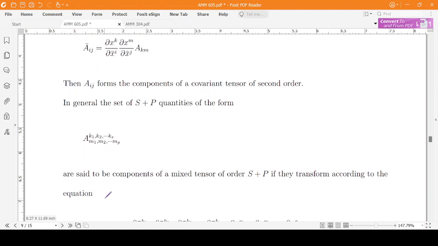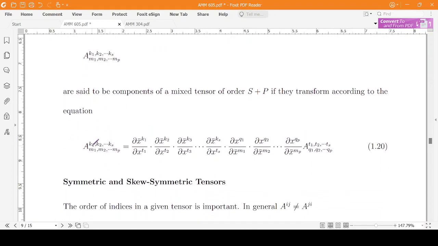If these quantities transform according to this equation, where you have the contravariant indices k1, k2, k3, all the way up to ks, and in the denominators here we have the corresponding contravariant indices of this one, t1, t2, t3, all the way up to ts, and then the covariant indices, this one comes down here, m1, m2, all the way up to mp, and the covariant indices of this goes up, then we say that this quantity a forms the components of a mixed tensor of order s plus p.